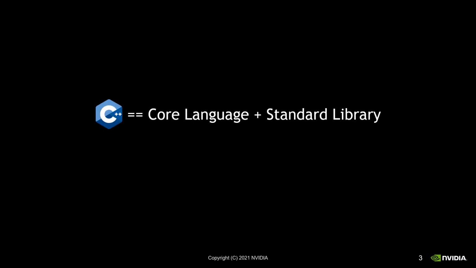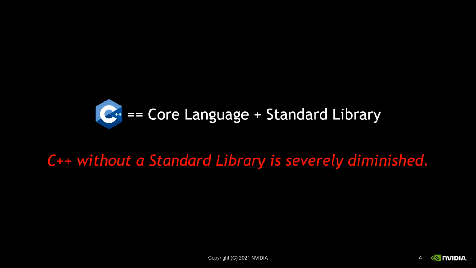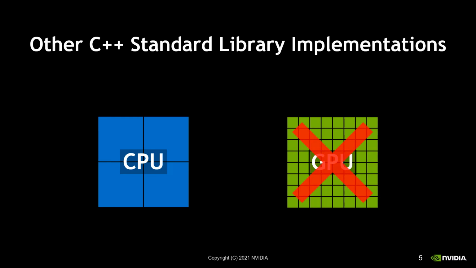Standard C++ consists of two equally important components, the core language and the standard library. The ISO C++ standard is 1,800 pages long. 1,100 pages of that is the standard library. C++ without a standard library is severely diminished. Other C++ standard library implementations can only be used on CPUs.